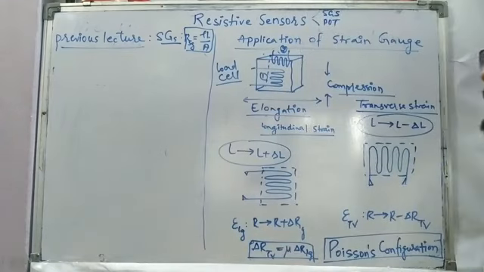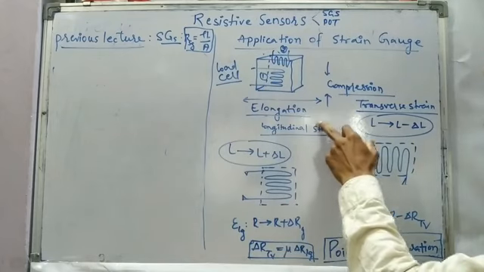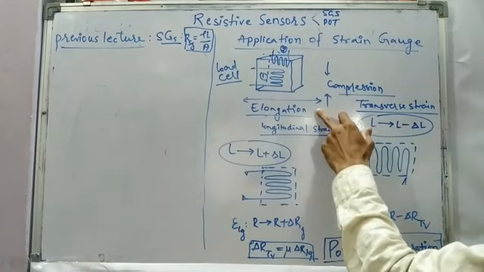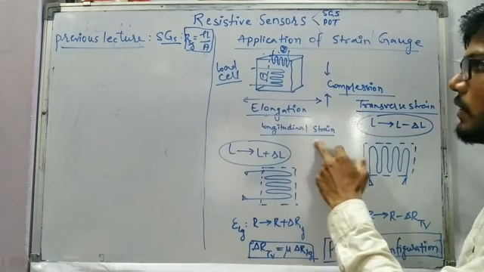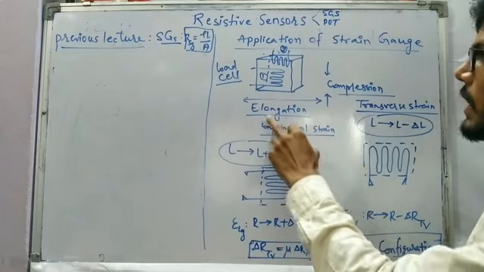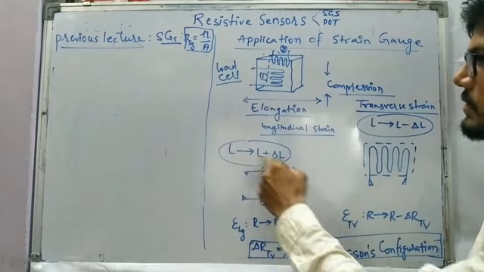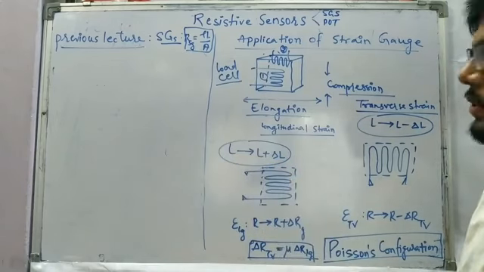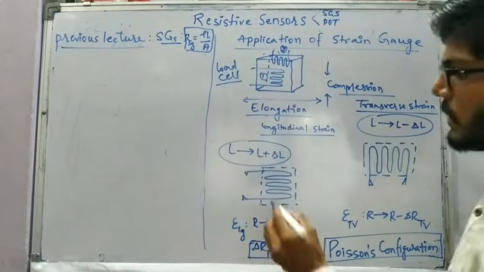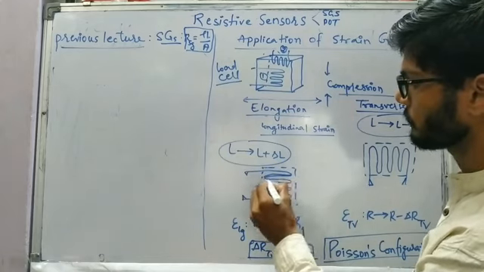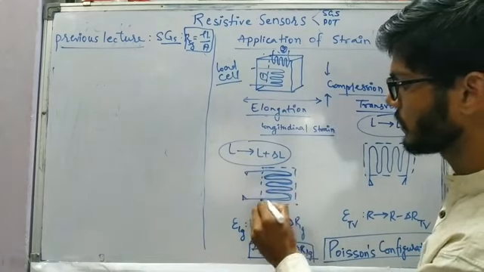So I have taken the example of a load cell. As I mentioned earlier, if we are applying force on it, it is going to expand in the x direction, due to which elongation is going to happen and the longitudinal strain will be produced, and the strain gauge number 1 is going to feel the effect as L is converted into L plus delta L, where L is the complete length of the strain gauge.